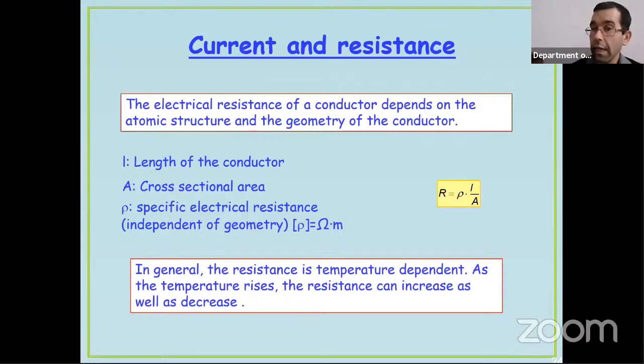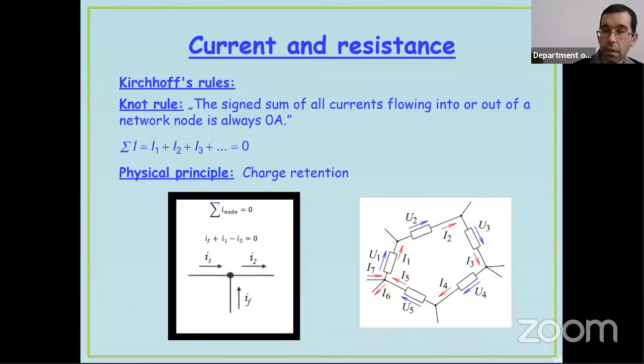In this case, this factor is the specific electrical resistance, which is measured in ohm meter and is independent of the geometry. However, it depends on the material. It's a material constant. It gives us how large is the resistance of the wire of unit cross-sectional area and unit length. So 1 meter length and 1 square meter cross-sectional area.